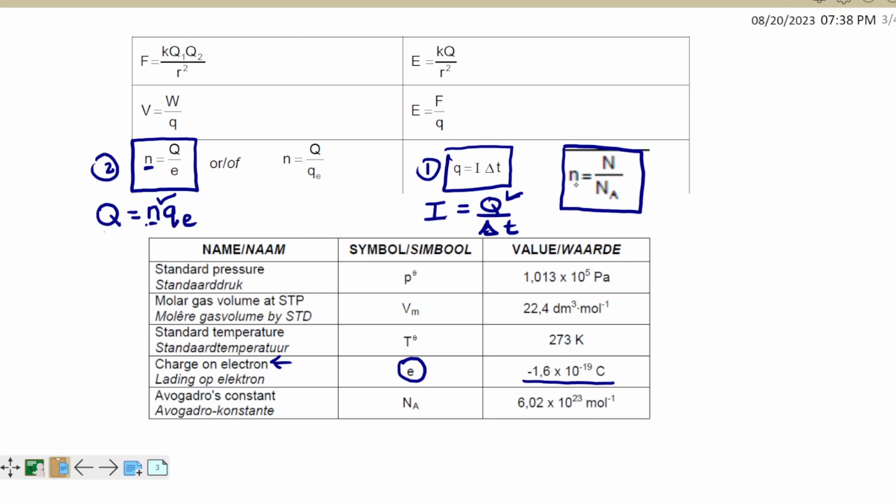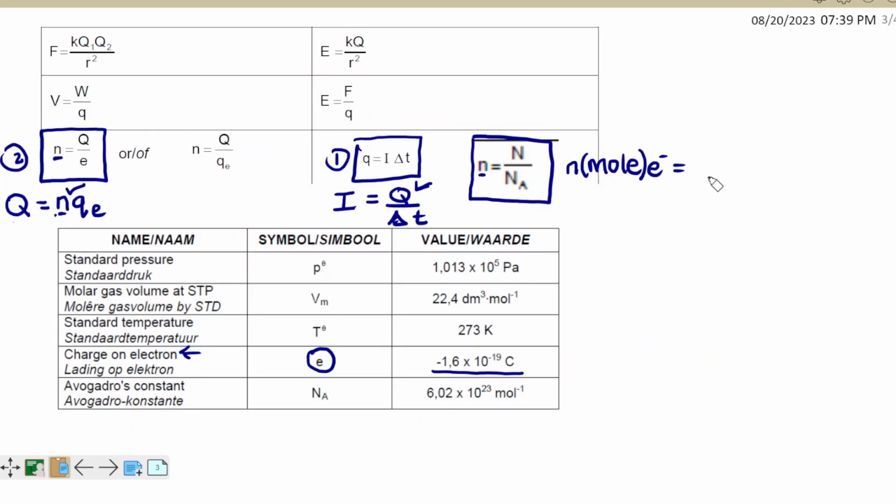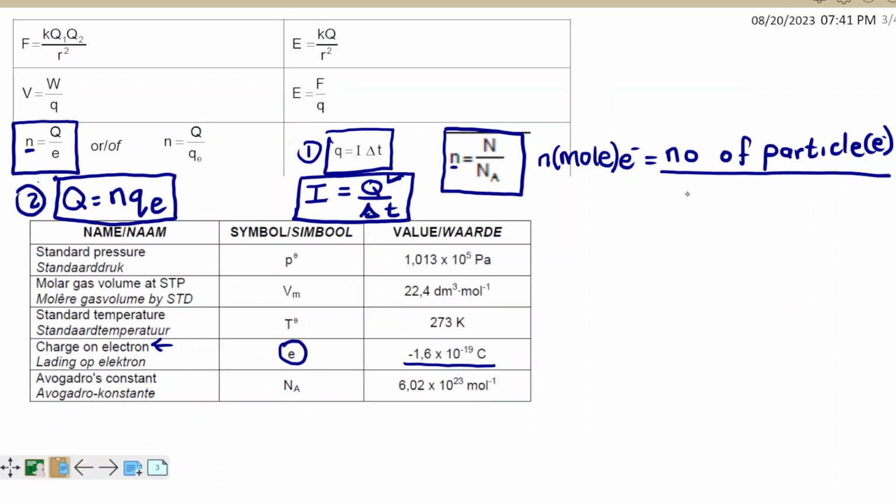So this small n that you see here is actually the number of moles of the electron, which is equal to this capital letter N, which is the number of particles, or electrons, and then is divided by the Avogadro's number.